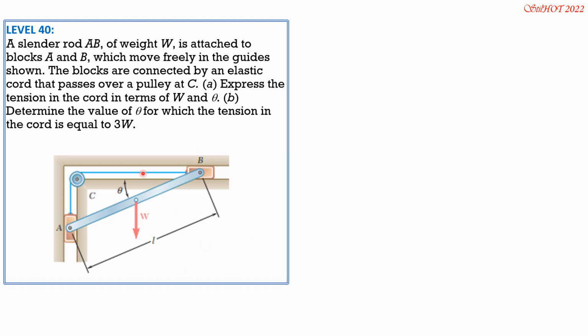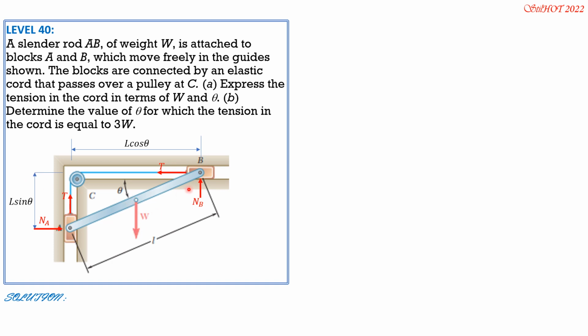So we will denote the tension as T in the cord. This is also T. Then NA would be rightward to oppose this tension here. And NB will be upward, of course. Then for the horizontal distance, L cosine theta. For this vertical distance, L sine theta.